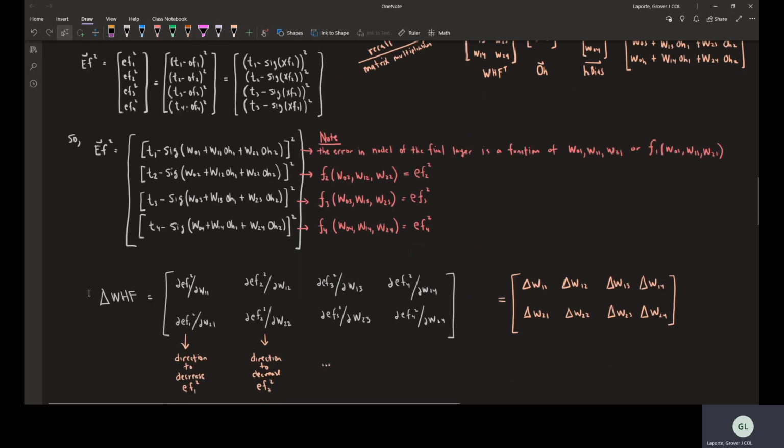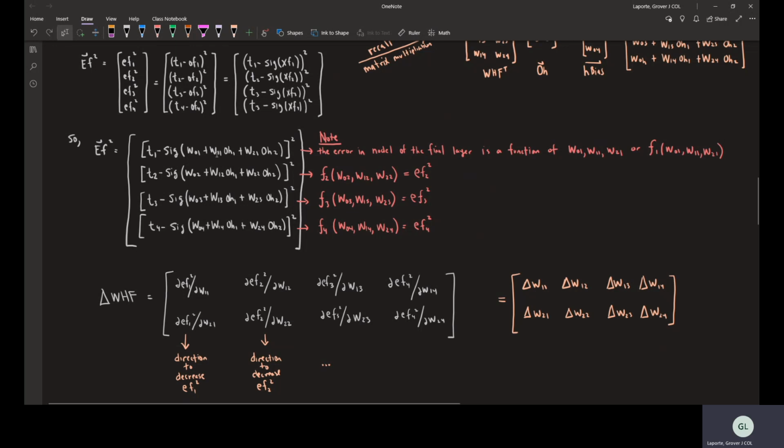So I claim that this delta WHF is simply the partial of EF1 squared, that function right here, with respect to W11. The second piece is the partial of the second node with respect to W12. And if we want to stay on W11, it's this one and this one, right?